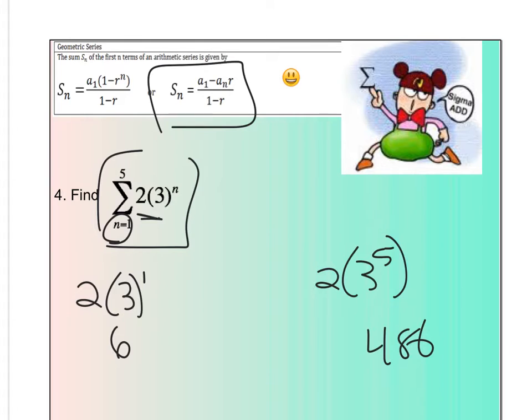I know it's geometric, so I can do this. So I can say 6 minus 486 times 3 all over 1 minus 3.